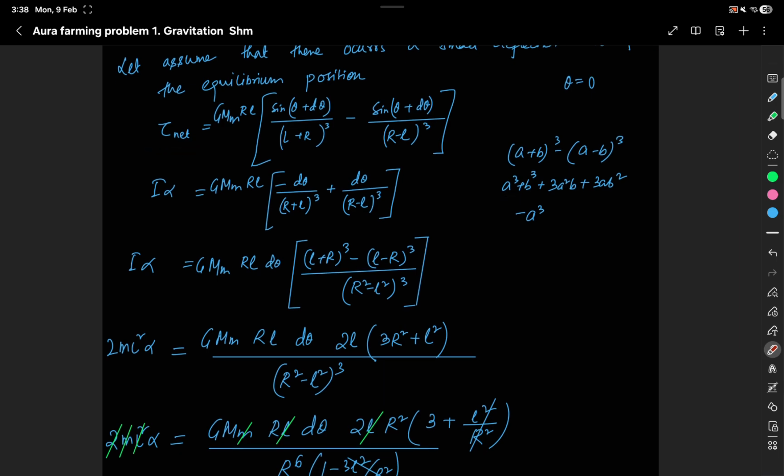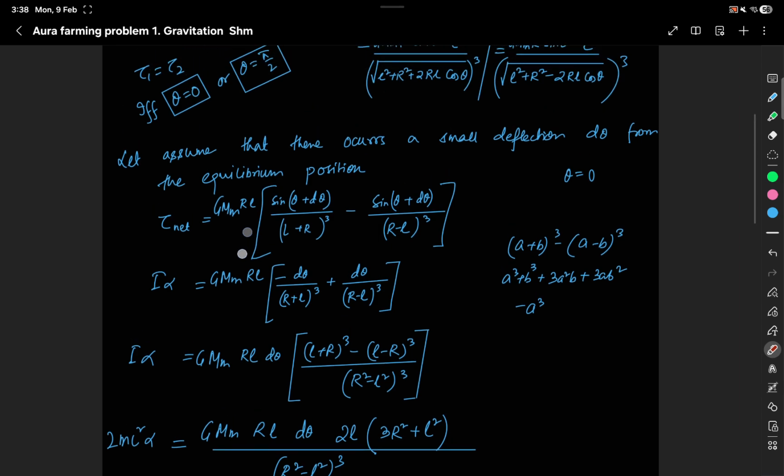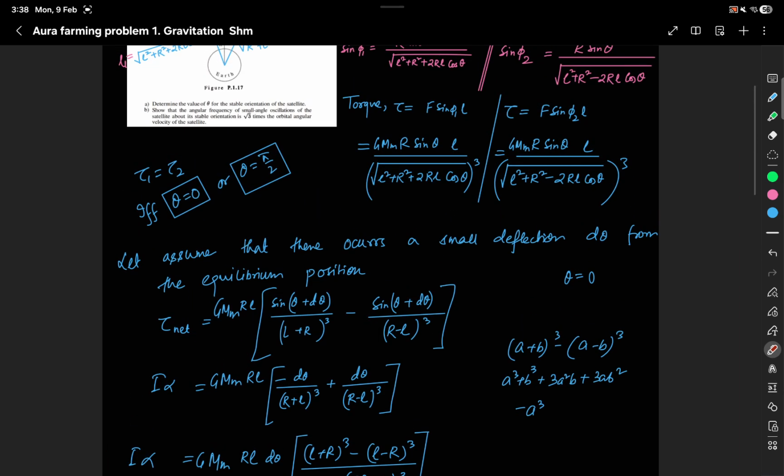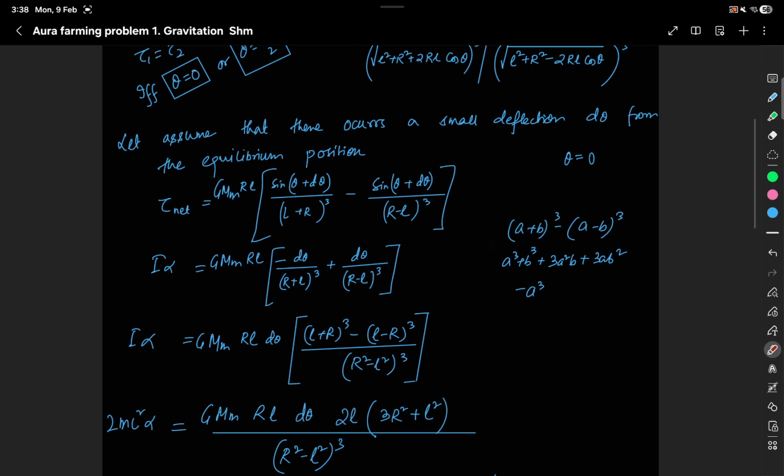Torque, you may write the torque, because you need to bring up the torque. Why? Because somehow you need to relate acceleration with displacement, because this is the general equation of an SHM, a with x or alpha with theta. So just write GMm r L, and in place of theta 0, this also will be 0.